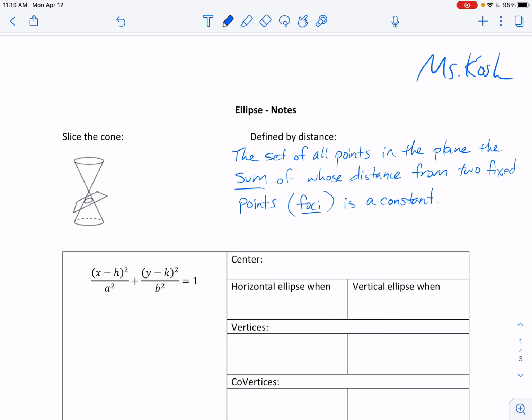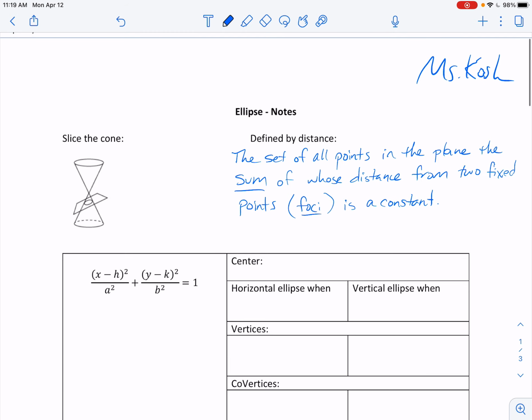So it's the set of all points in the plane, the sum of whose distance from two fixed points is a constant. So here's what's happening.